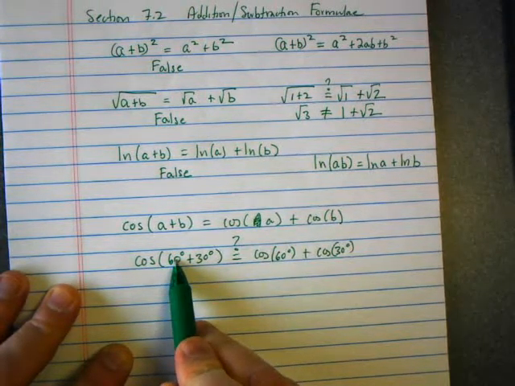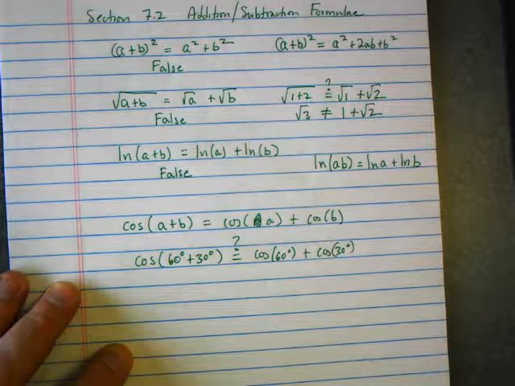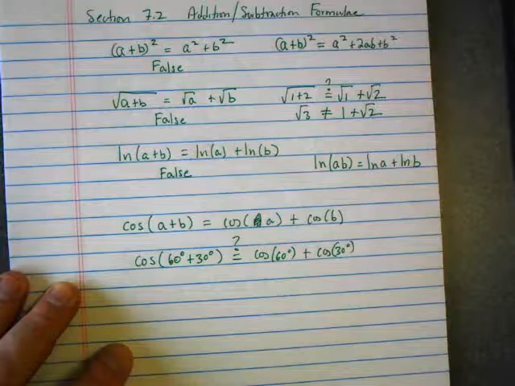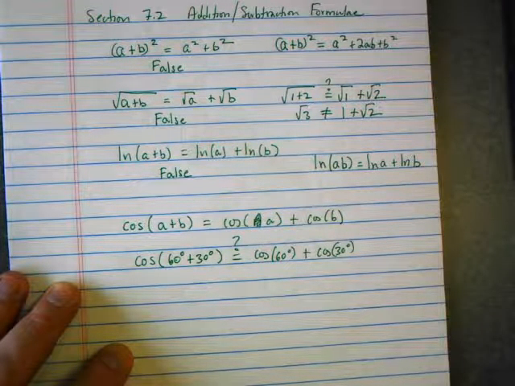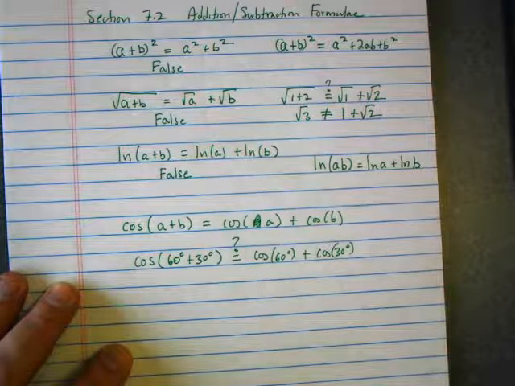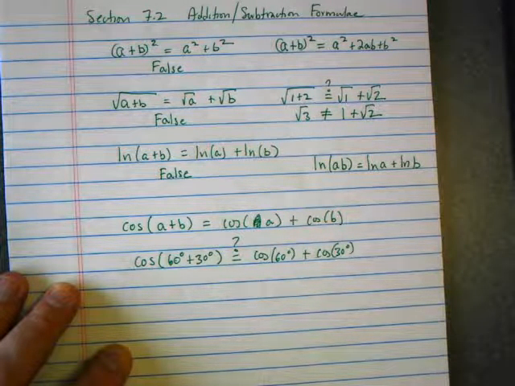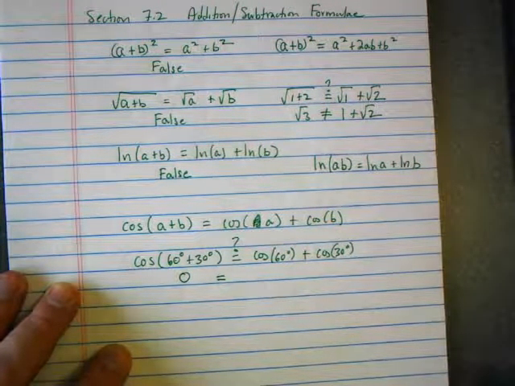Well, what's 60 plus 30? And cosine of 90 degrees. You should know that, that's right. 90 degrees would be up, which is pi over 2. The cosine of pi over 2. So it's 0, correct, that's 0. Cosine of 60 degrees.